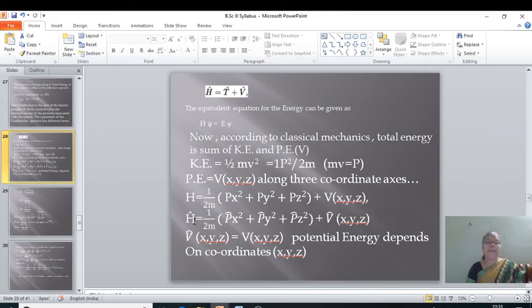The corresponding Hamiltonian operator we can write like this: the Hamiltonian operator is equal to 1 by 2m, times the momentum operators along the x axis, y axis and z axis squared, plus the potential energy operator.